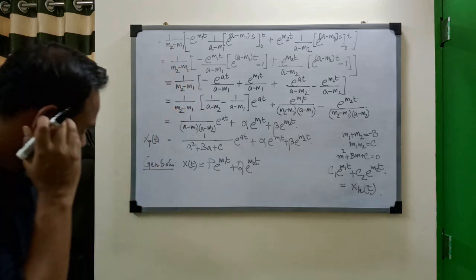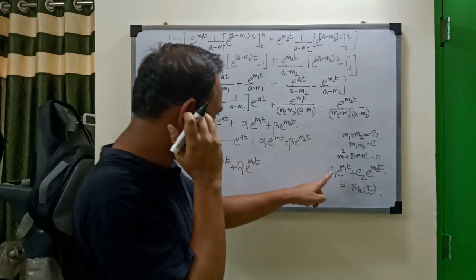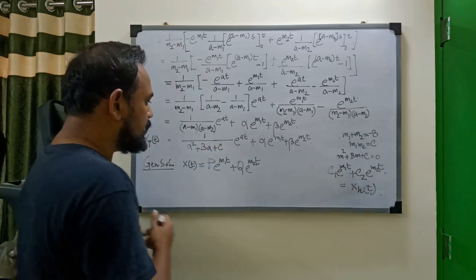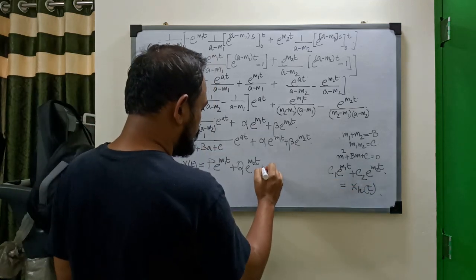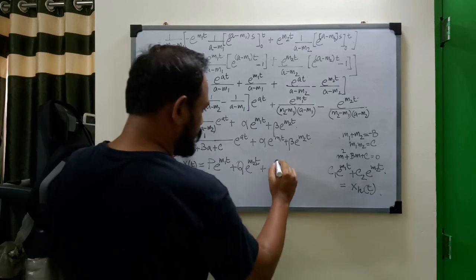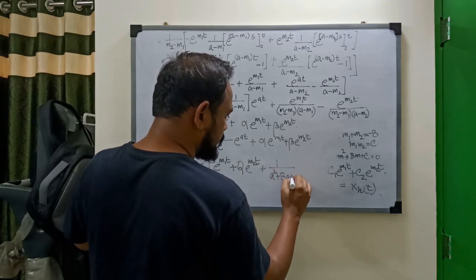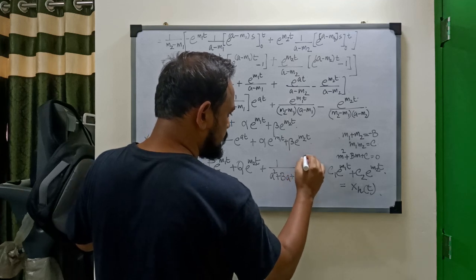P here means alpha plus c1, and q here means beta plus c2. This is one part of it, and then this part, which is 1 over a squared plus ba plus c times e to the at.